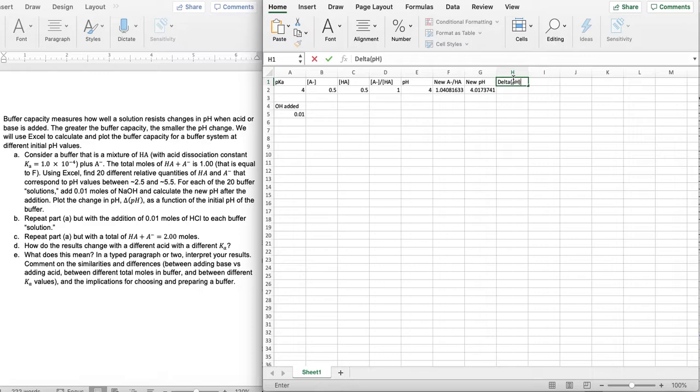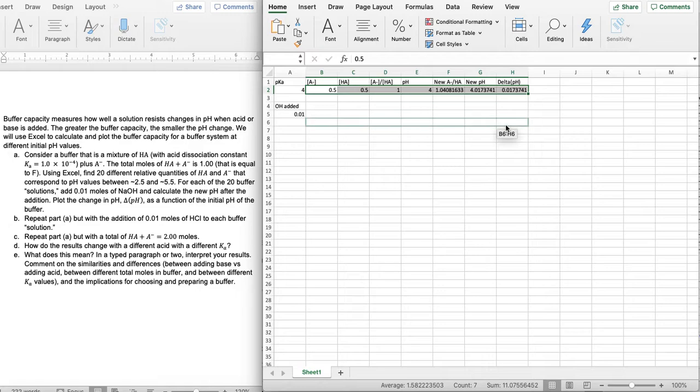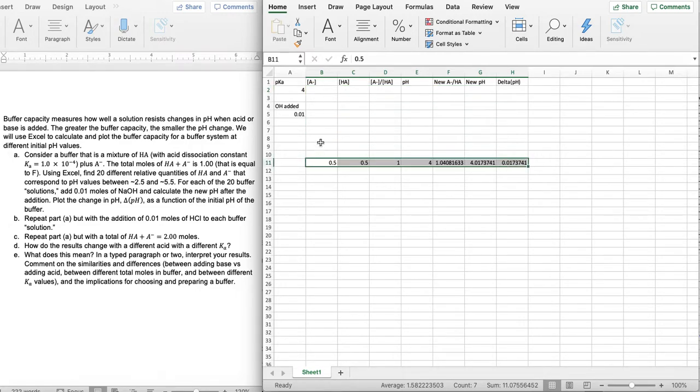So the delta pH, the change in pH as a product of adding the OH, is going to be new pH minus pH. And there's the delta pH. Okay, I'm going to just move this down a little bit.